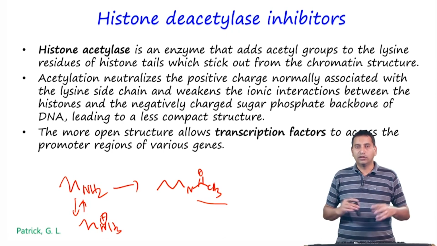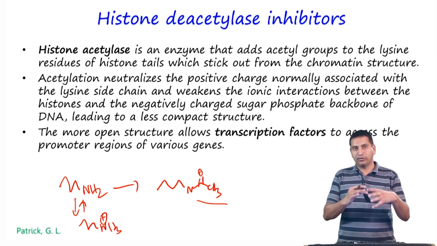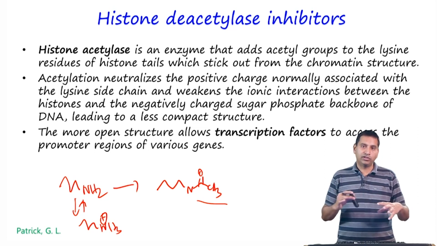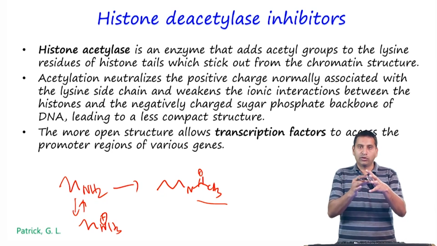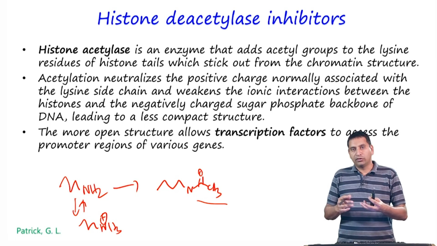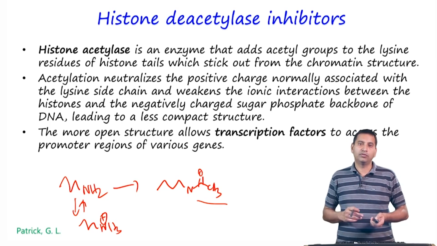This leads to a change in the DNA structure in terms of the packing, and it weakens the ionic interactions between the histones and the negatively charged sugar phosphate backbone, leading to a less compact structure. The more open structure allows transcription factors to access the promoter region of various genes.